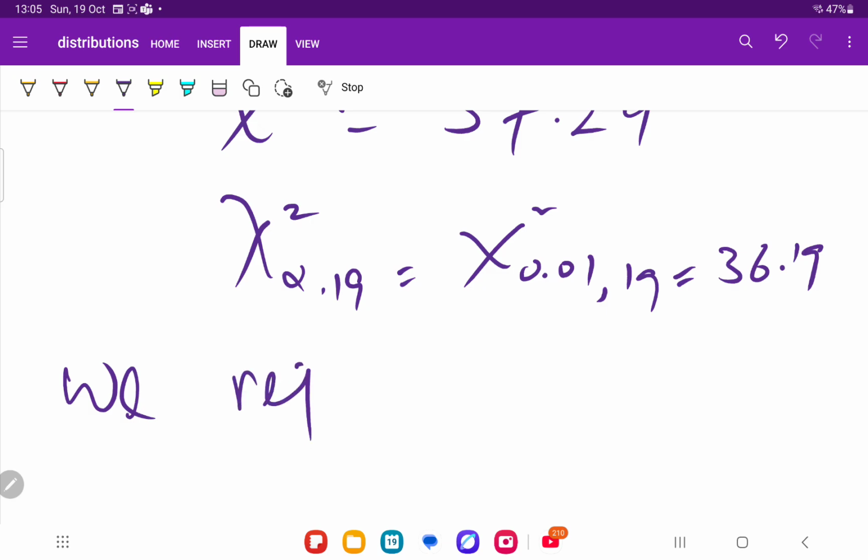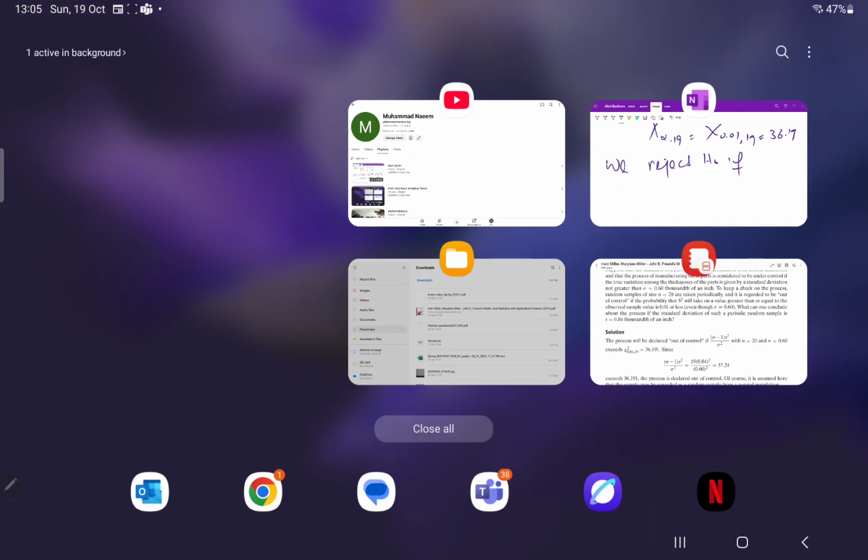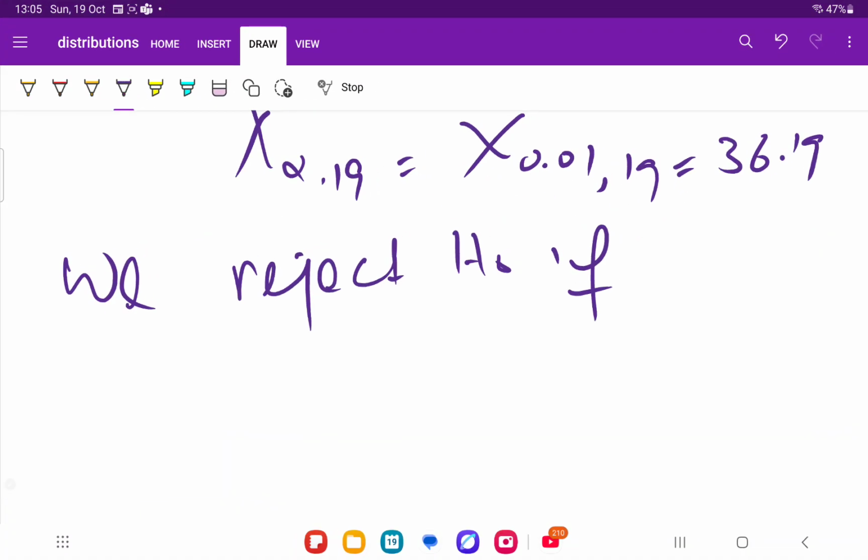We reject H naught if chi-square is greater than chi-square alpha, where alpha is 0.01 and 19 degrees of freedom.